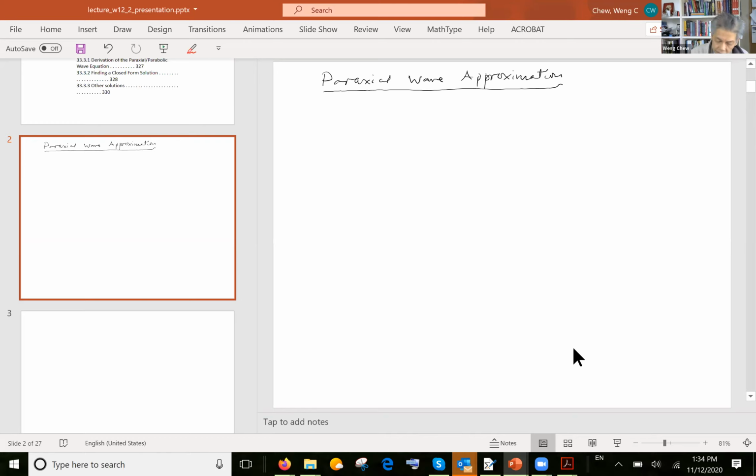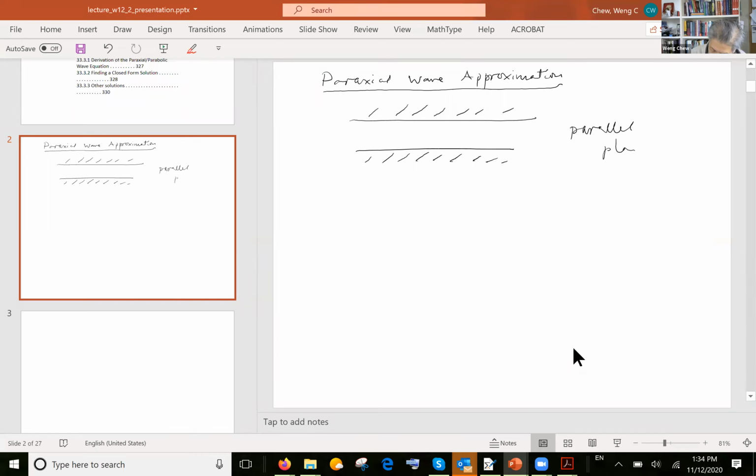We can think of it this way: if you have a waveguide, let's assume that we have a parallel plate waveguide. We never talked about parallel plate waveguide in this course, but we did talk about rectangular waveguides. Parallel plate waveguides are in fact simpler than rectangular waveguide. And what you have is two metallic plates.